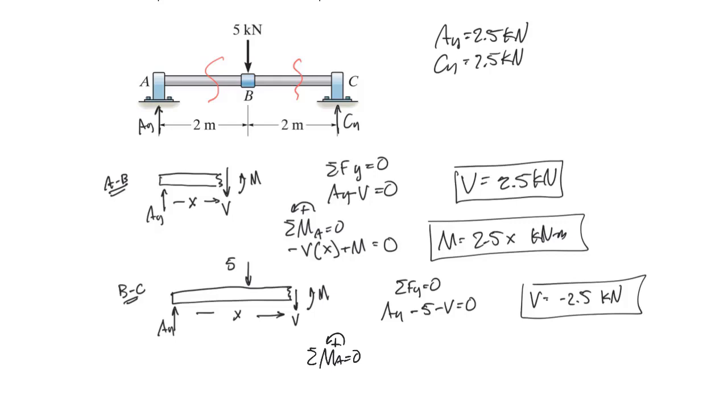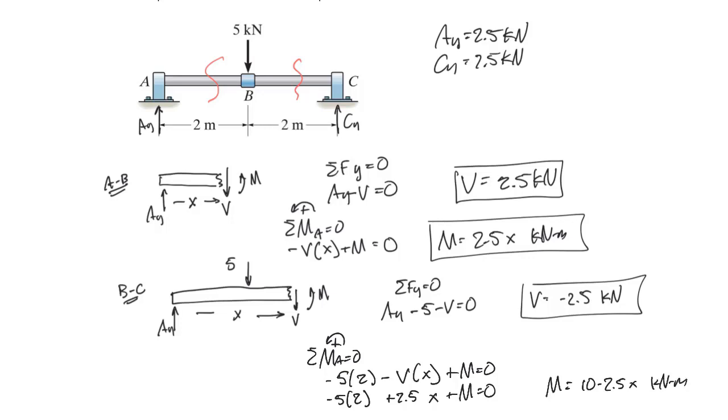So in this case, I have minus 5 times the lever arm of 2, minus shear times the lever arm of x, plus the moment is equal to 0. Again, shear is equal to negative 2.5. So in this case, it's a double negative. So that's plus 2.5x plus the moment is equal to 0. And then setting this equal to the moment, you get moment is equal to 10 minus 2.5x kilonewton meters. Anyway, there's our moment equation.